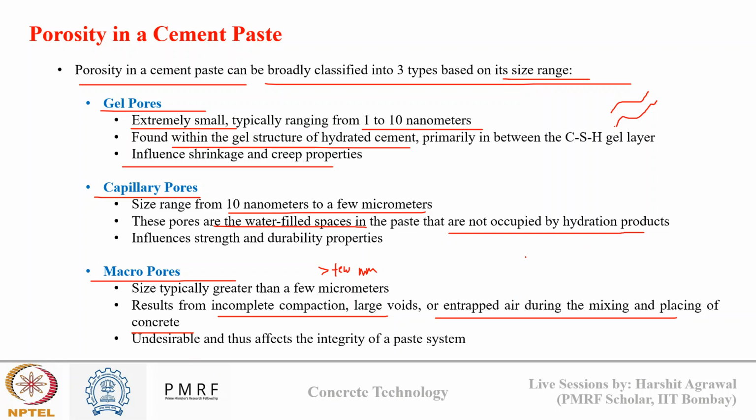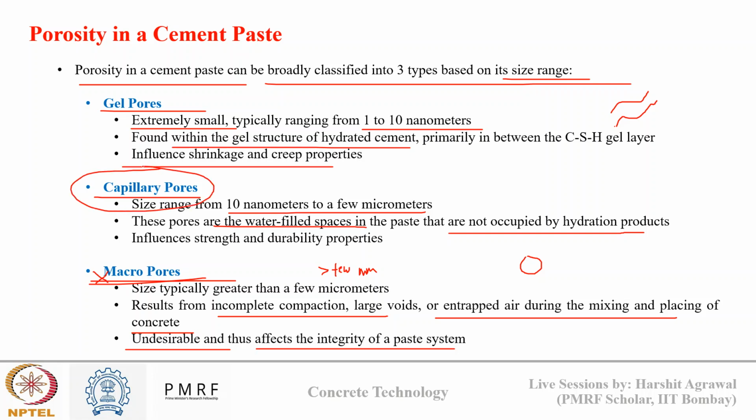There will be big pores left inside the formwork or mold due to improper compaction of low workability concrete, and those big pores are known as macro pores. They are highly undesirable because they affect the integrity of the concrete or paste system, and they have a huge effect on the strength of the concrete also. So we try to avoid macro pores.